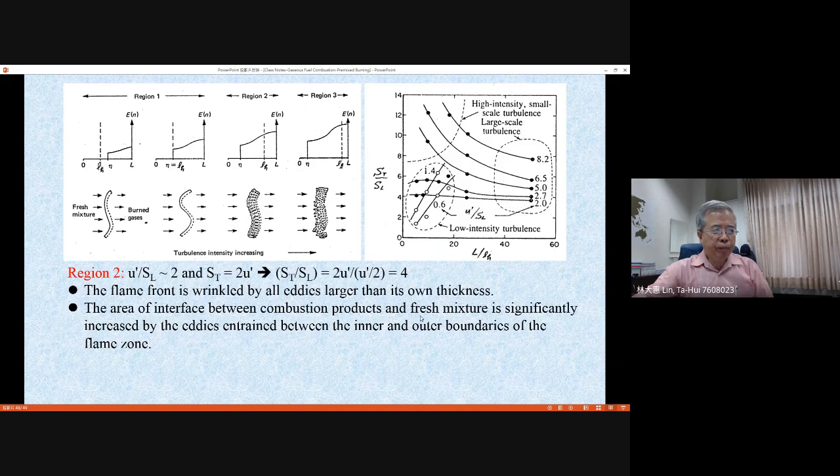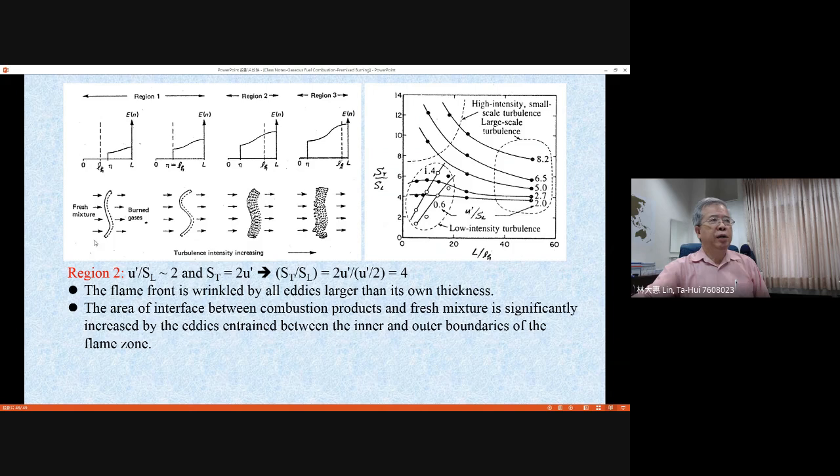Okay. Here I tell you the area of interface between the combustion products and the fresh mixtures is significantly increased by the eddies entraining between the inner and outer boundary of the flame zone, which means from the upstream and from the downstream side they go into the flame zones, and by this entrainment or penetration into the flame thickness, the flame thickness will be increased.